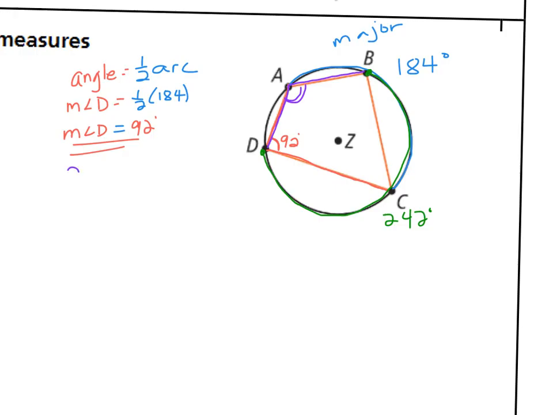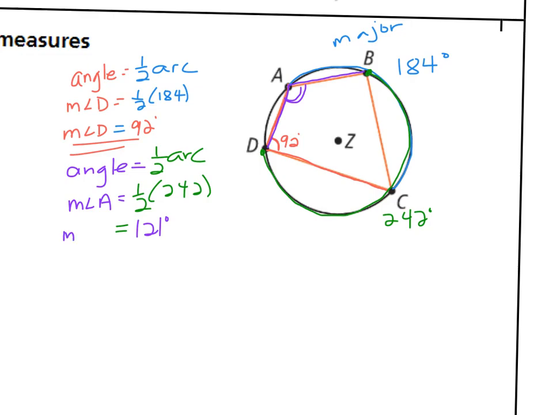So by definition, the angle is half the arc, which means the measure of angle A is half 242 degrees. That's really big. And half of 242 is just 121. That means angle A is 121 degrees. Okay, so far so good.